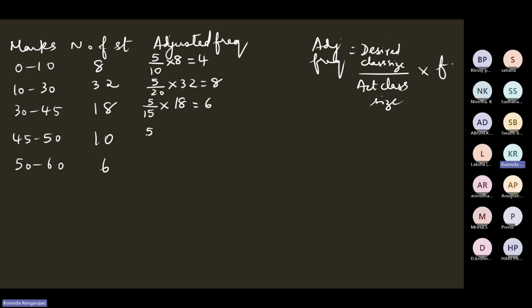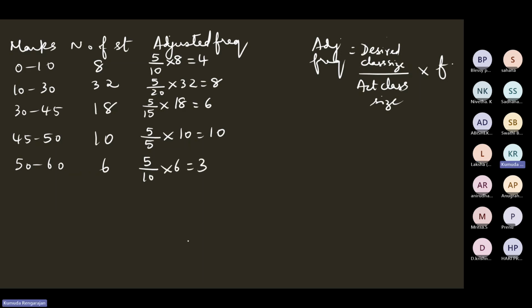Desired class size is 5 by what's the actual class size? 5. Into the frequency 10. So you'll get the same thing, 10 only. The next one, what's the desired class size? 5, by what's the actual class size? 10. Into the frequency 6. So you get 3.